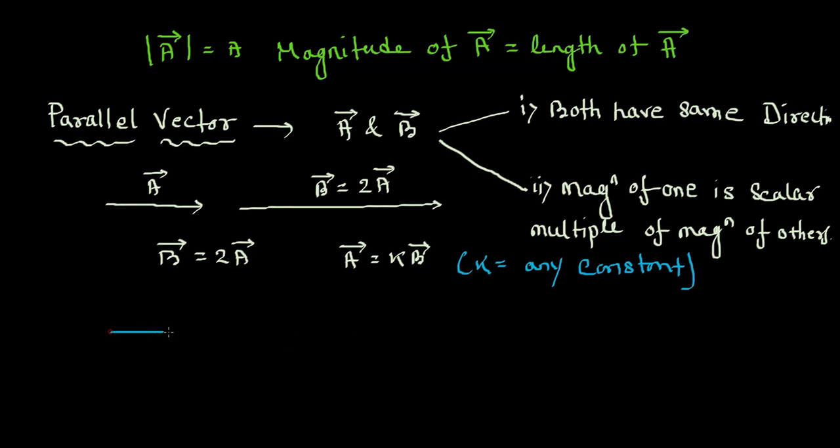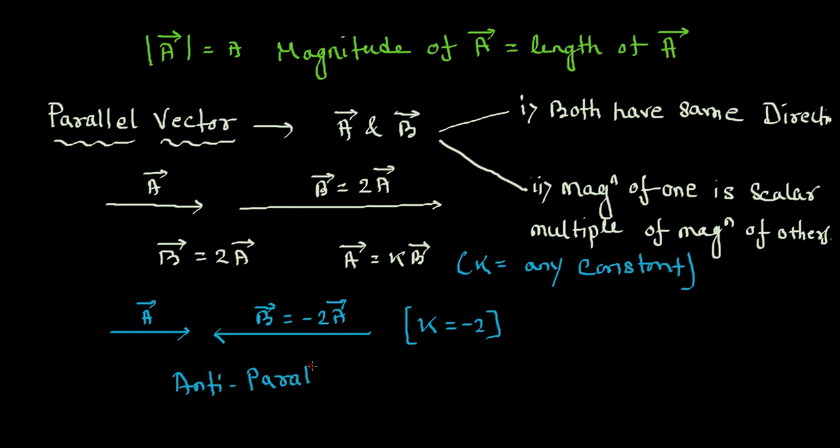But if it is an A vector and this is a B vector, where B is minus 2A, because here the value of K is just minus 2, then both have opposite direction, but the magnitude of one is a scalar multiple of the magnitude of the other. So this kind of vector is called anti-parallel vectors.